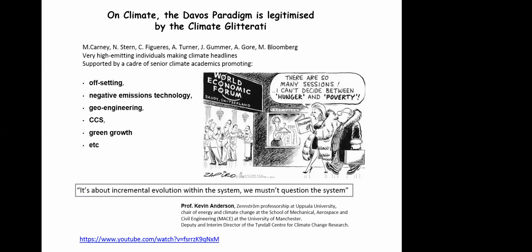And then we have green growth. Now, Anderson is a very fervent critic of growth as one of the main drivers of the problem. And Ezio is going to mention this later on. And of course, if you go on to do the economic dimension, you will be dealing with problems around growth as well.